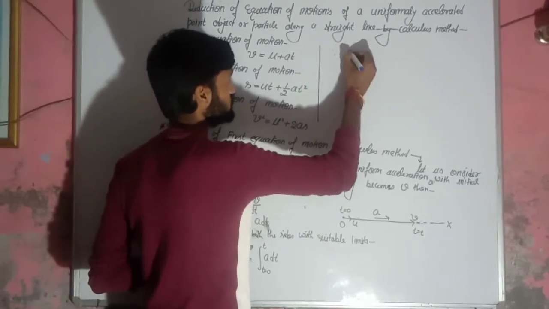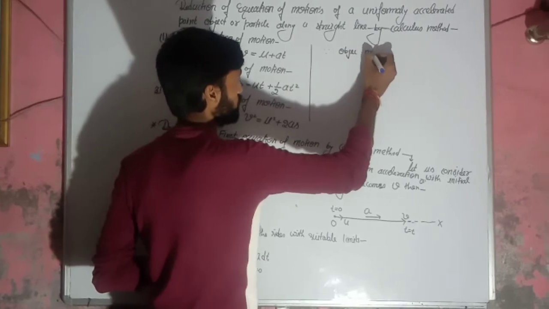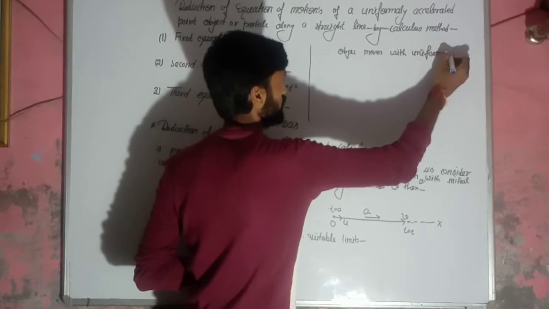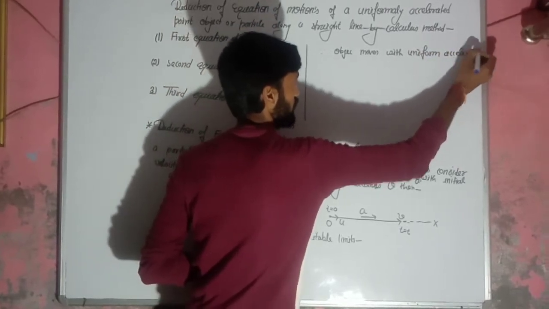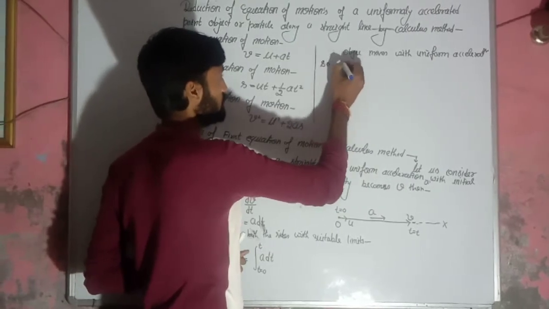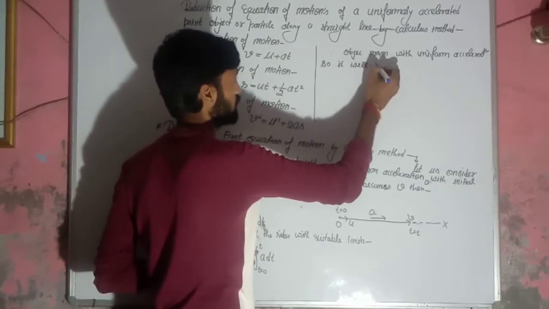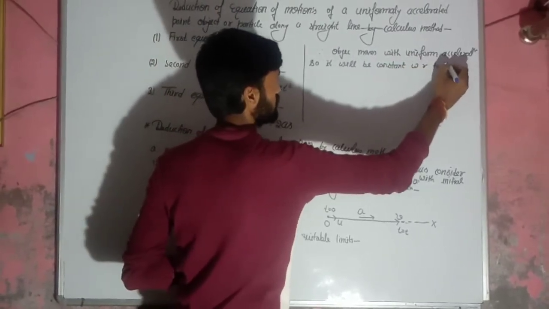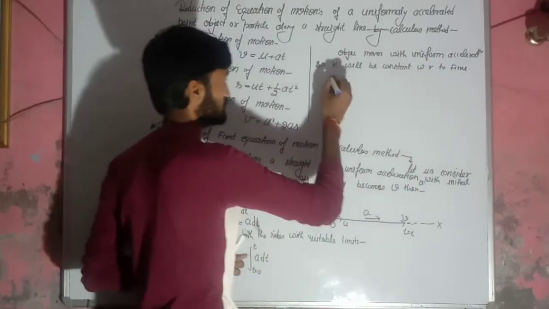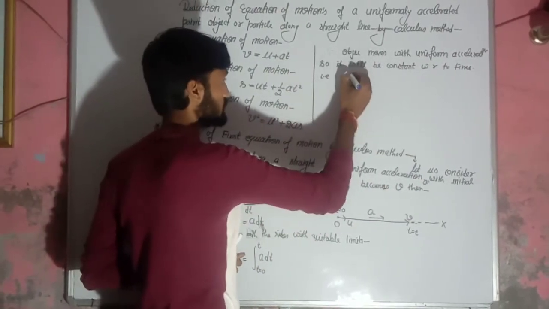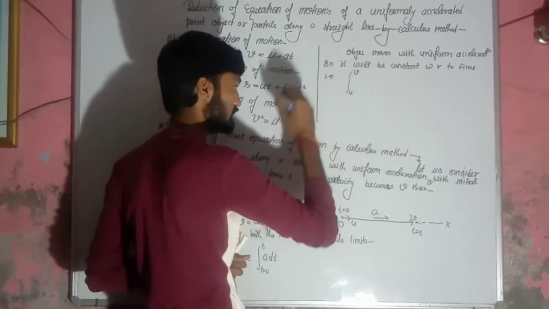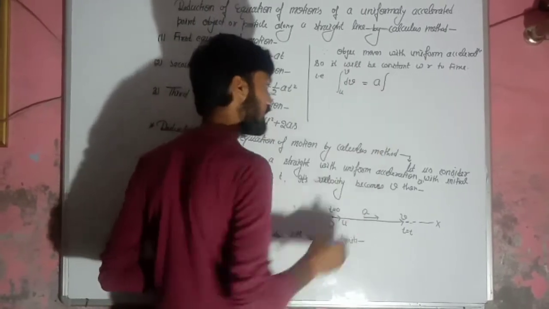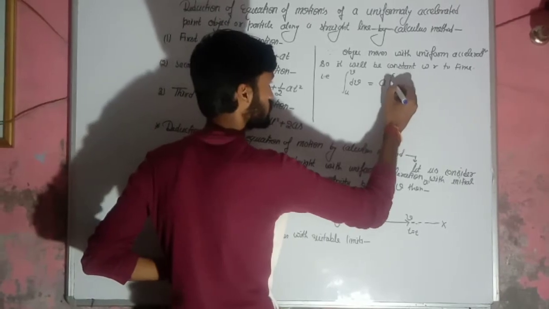Since the object moves with uniform acceleration, it will be constant with respect to time. It means this integration will be: the integral of dv from u to v equals a, which comes out of the integration, times the integral of dt from 0 to t.